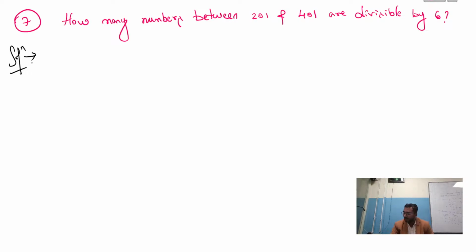Now first let me understand the meaning of the question. What exactly are they asking here? See students, how many numbers between? Between means what? Here they said 201 and 401, right? Between means after 201 and before 401, we have so many numbers.